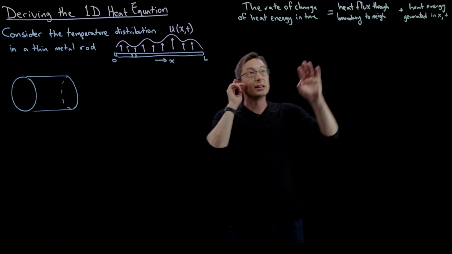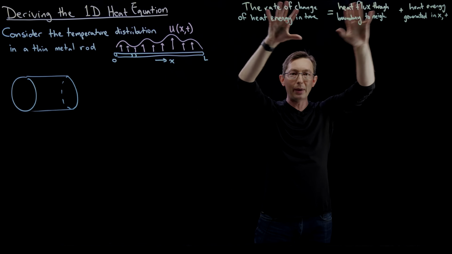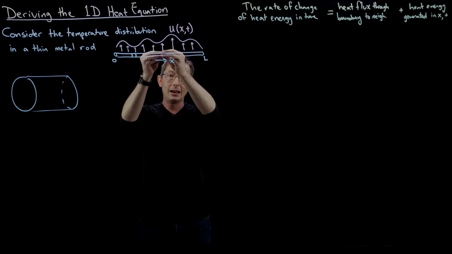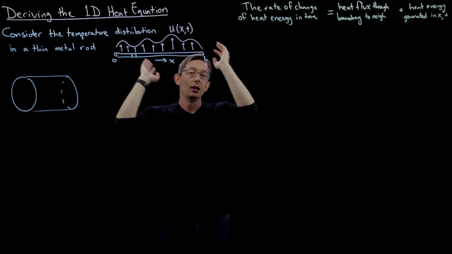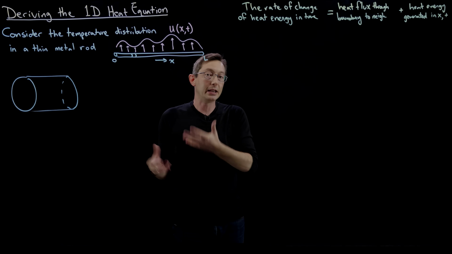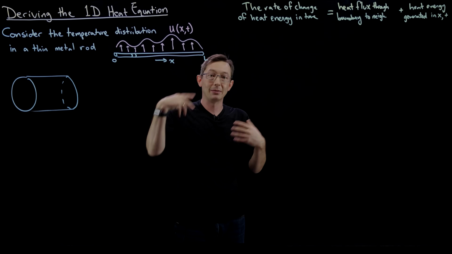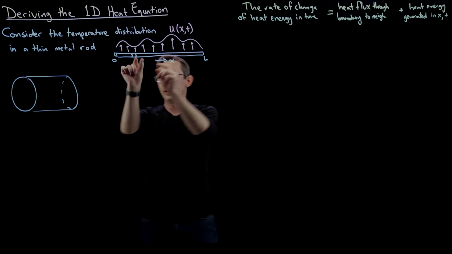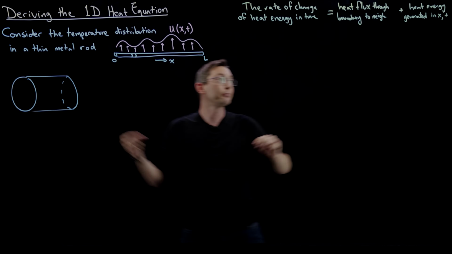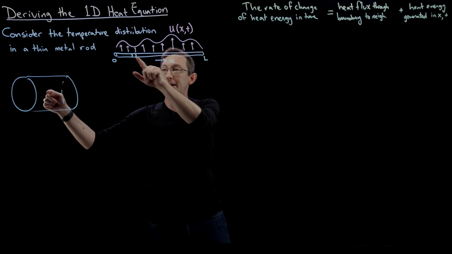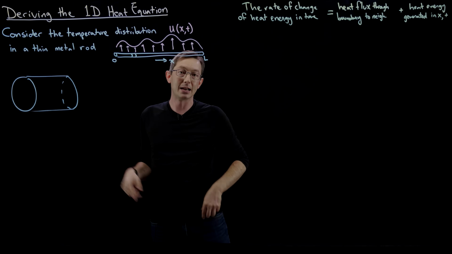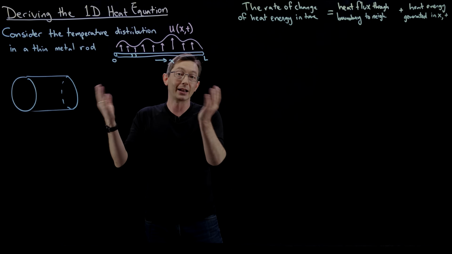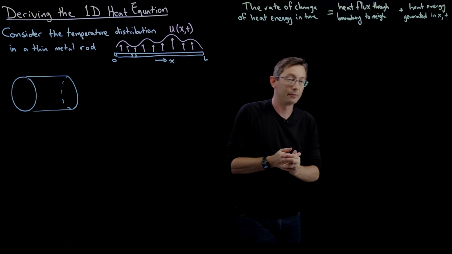Now, the cool thing about this is that this is just a basic statement that if I insulate this object, the only way that the total heat energy, the total thermal energy of the system can change in time is through heat flux through the boundaries, or if I zoom into a little patch, through its neighbors, and if there is heat energy generated at each of these local pieces in time, either through external forcing or through molecular atomic processes like fission.